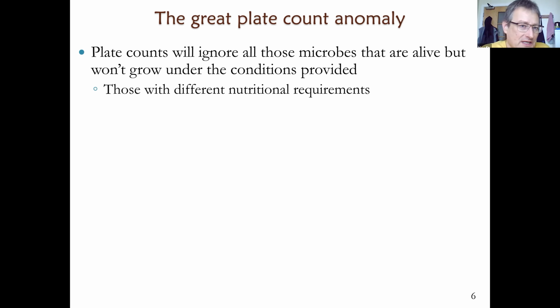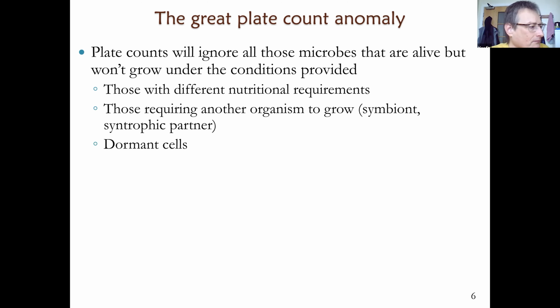This could be because the cells have different nutritional requirements than provided in the medium, or they may need a partner to grow, or they may simply be sleeping or dormant, or maybe anaerobes, and you have aerobic incubation, or phototrophs or oligotrophs, which are adapted to very low nutrient concentrations, and you're using a rich medium, then these cells are not going to grow.